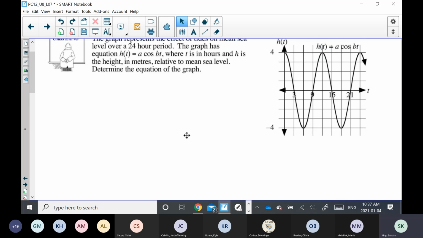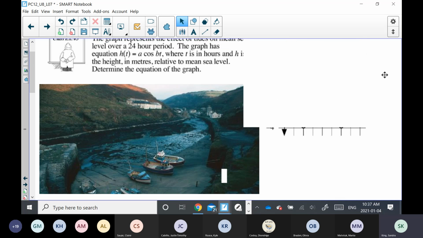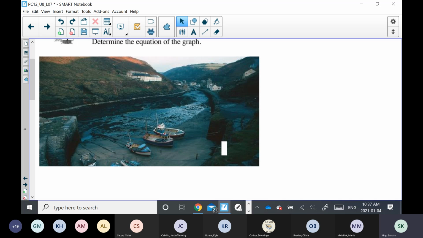This is harder for us to visualize because Edmonton is landlocked, but anybody that's spent a lot of time in BC or near an ocean knows the tide comes in and the tide goes out. There's a harbor master at every single port, and the harbor master knows exactly when the tide is high. And when the tide is high, boats come in.